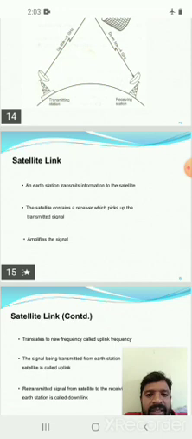An earth station transmits information to the satellite. Here the earth station is used to transmit the information to the satellite. The satellite contains the receiver which picks up the transmitted signal and amplifies the signals.